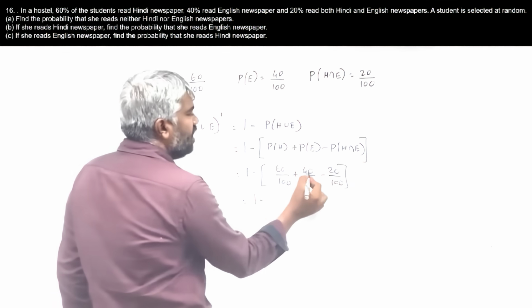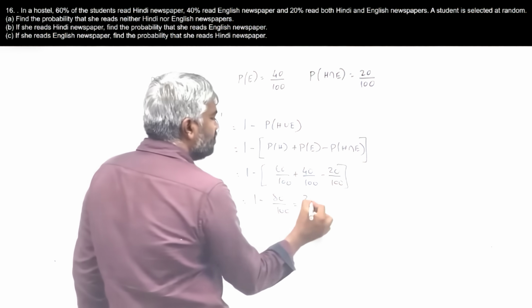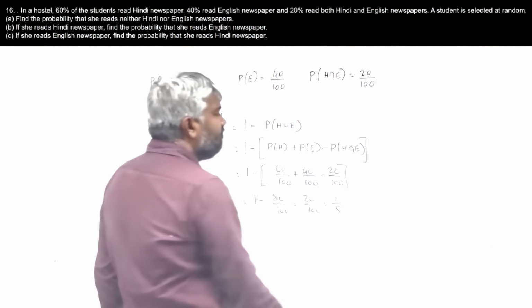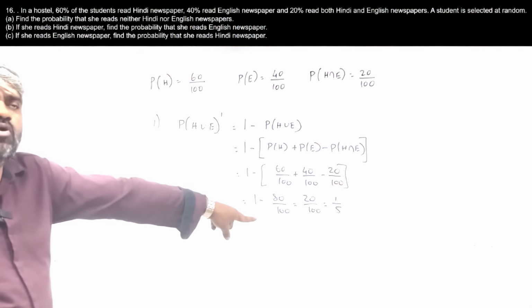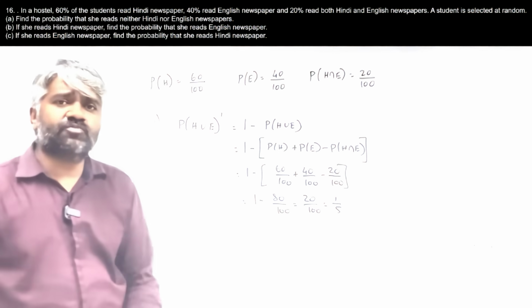So 1 minus 80 by 100, which is 20 by 100, so 1 by 5. So 1 by 5 is the probability of the students who don't read any of the newspapers.